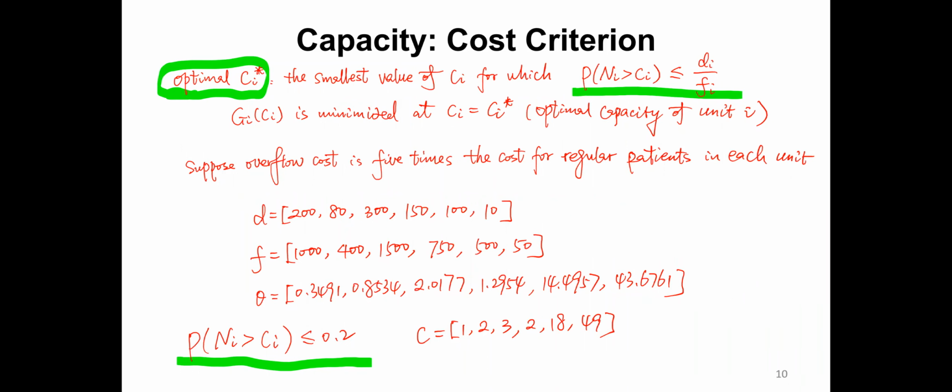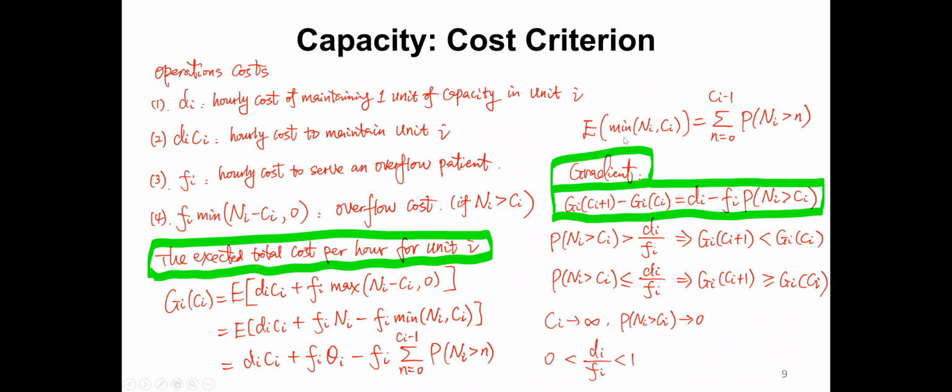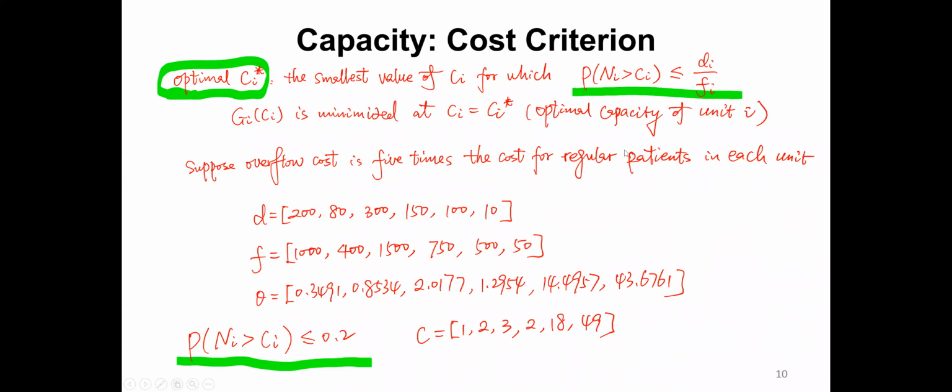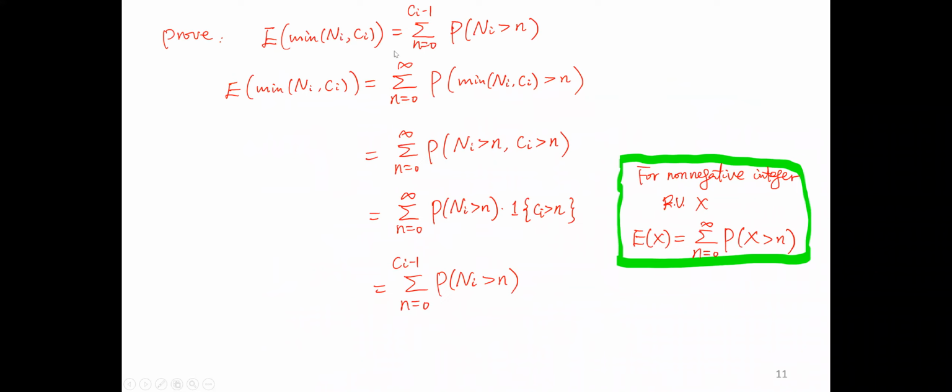Okay. Now, some of you might be confused why this expectation equals this, so here I put the proof. For a non-negative random variable X, this is the expectation, as in any probability theory book.